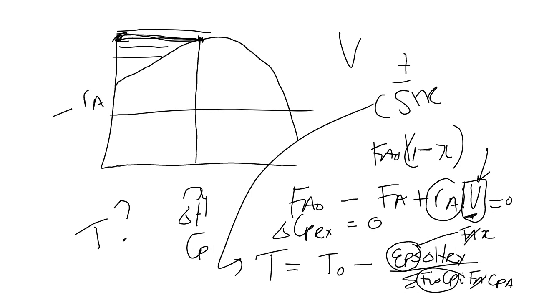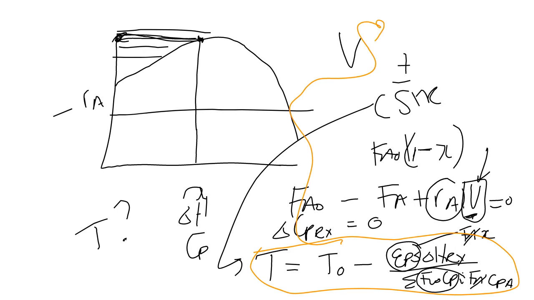Apologies, let's go for some open white space there. If I have my final equation, it looks like this: T naught, and then I have minus del H reaction divided by CPA times X.